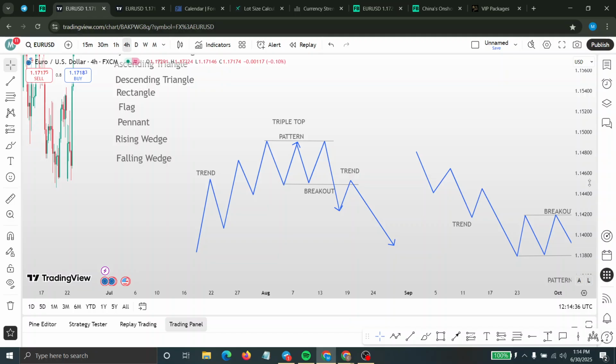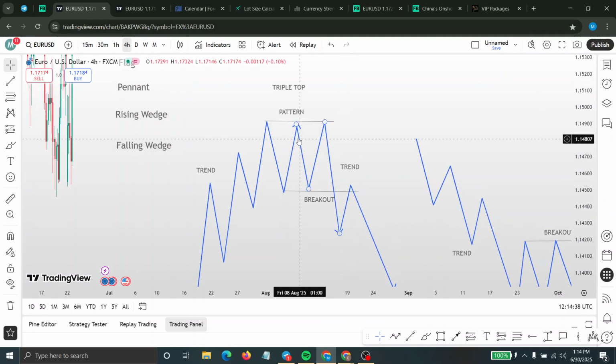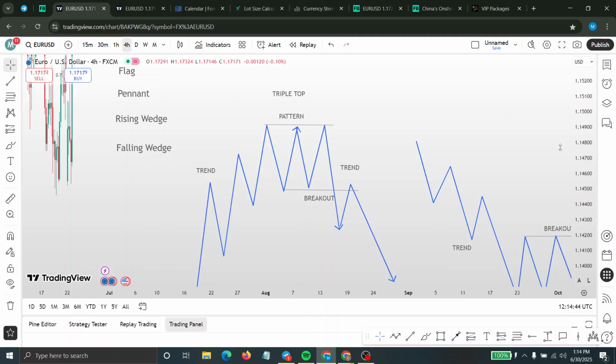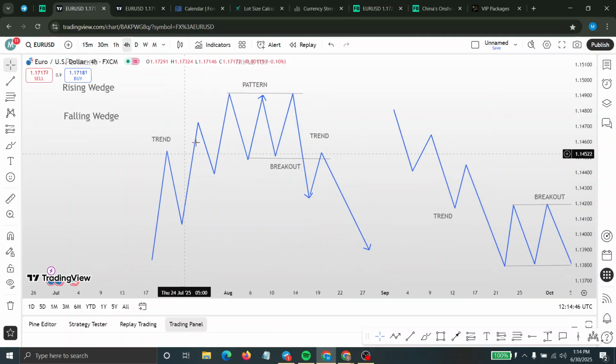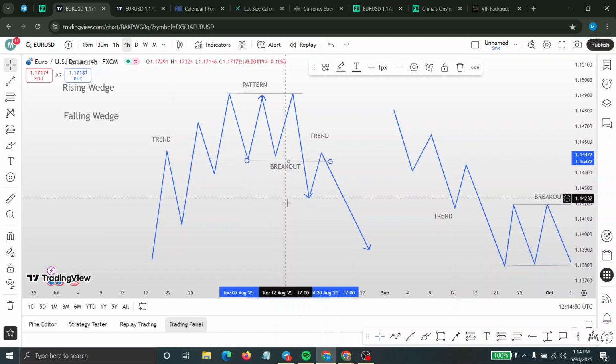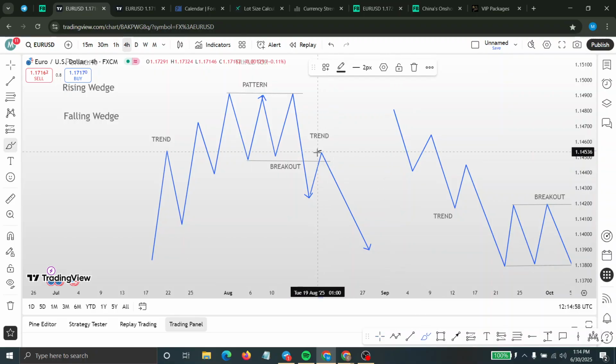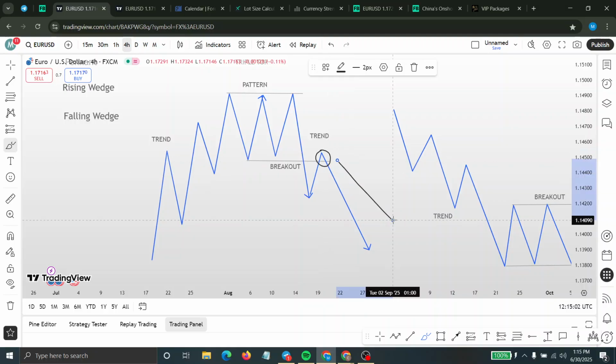What is the pattern we are trying to derive? The pattern that makes us confirm this chart pattern is a triple top. Now, we've seen a trend, a pattern has formed, and we are waiting for a breakout. The breakout occurs, we are entering at the pullback of the breakout or the retest of the breakout. So when that occurs, our entry will be around this region, and we are now having a trend.